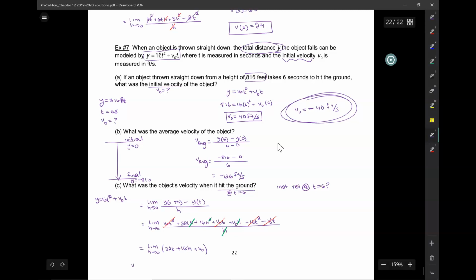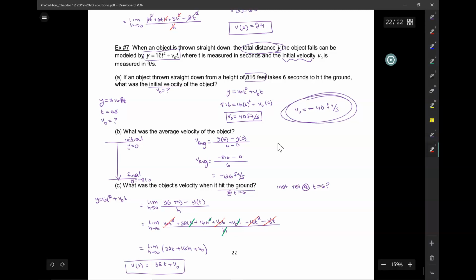So now v of t is equal to 32t plus v naught, when I plug in h is 0. That's the instantaneous velocity at any time.